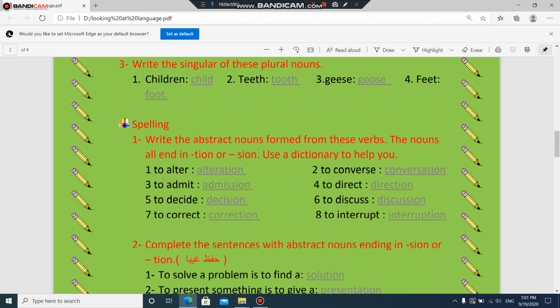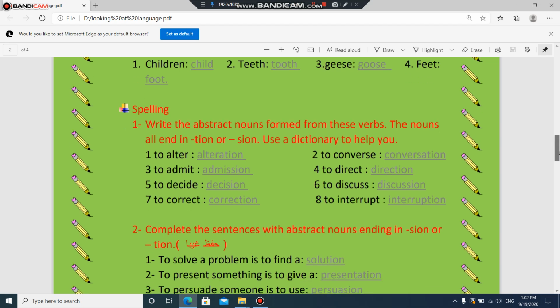For example, to alter, alteration. Another example, to converse, conversation. To direct, direction. To admit, admission. Okay. To discuss, discussion. And so on, guys. Okay. To correct, correction.